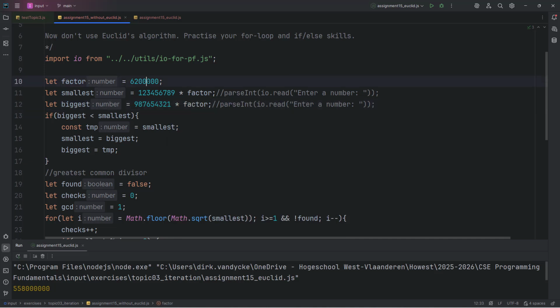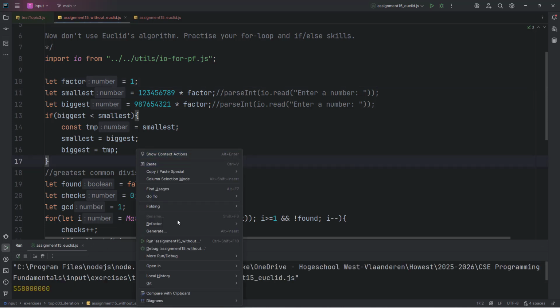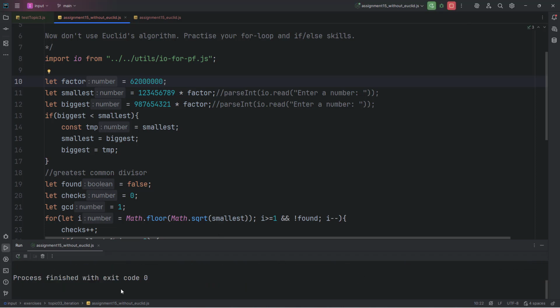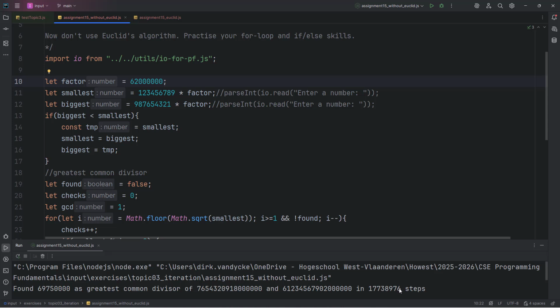If I use 1, I will have a very small divisor. That's 9, I guess. And if it's a real big divisor, then he will have found it as well. And he needs a lot more steps, as you can see.